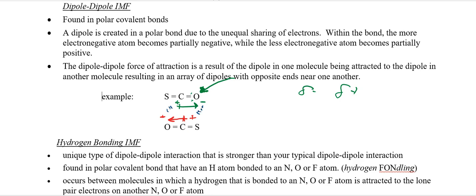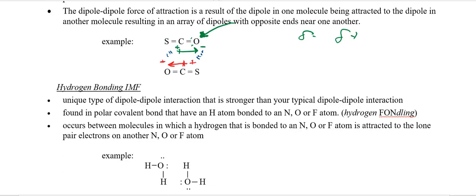If you think of a whole mess of these things, then throughout the entire substance, they sort of line up to each other because opposite things attract. And that's a dipole-dipole interaction. It's not the strongest interaction, but it's a decent sized interaction.